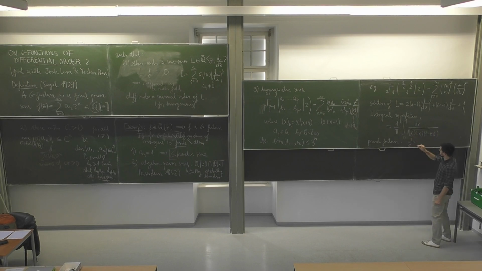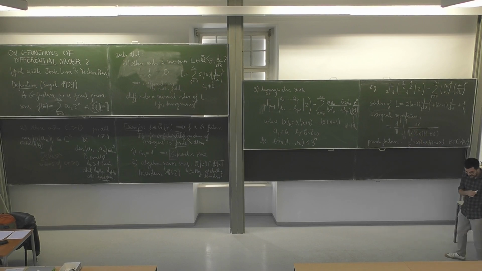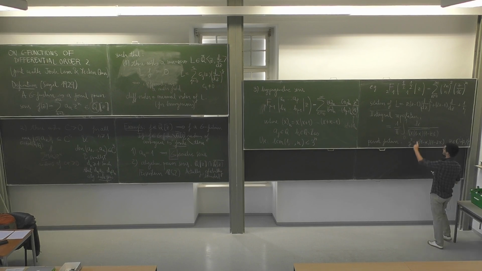Then y squared is x times 1 minus x times 1 minus zx. And if z is a complex number which is not 0 or 1, then this is an elliptic curve. This cycle is a class in the homology of this elliptic curve, and this is the holomorphic differential. So you are relating this function to periods on this family of curves.